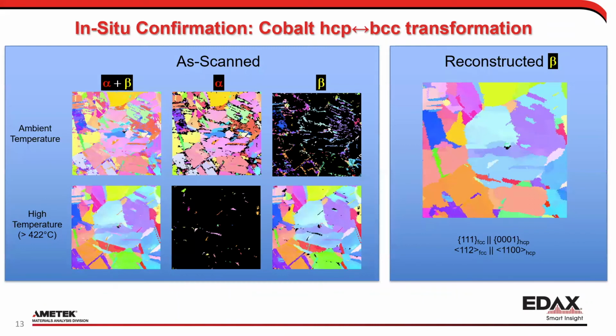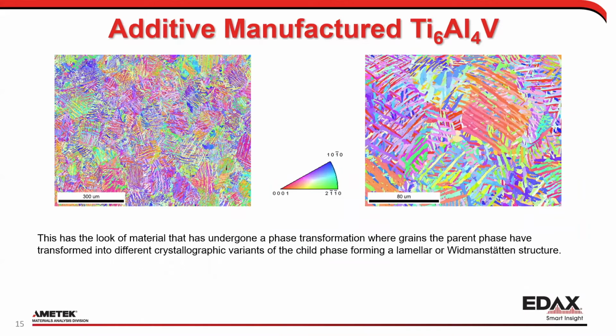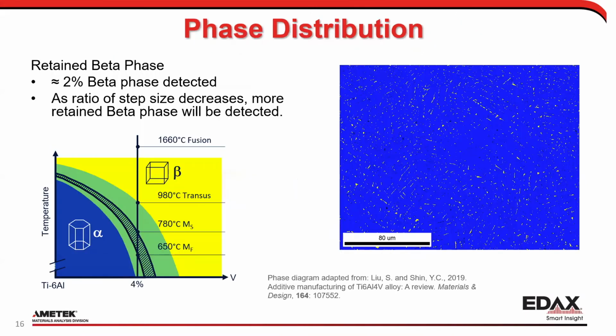Here's a good example of this kind of parent grain reconstruction, where in this case you take a Ti-64 sample that was an AM material, and run it through this kind of algorithm. This is where the velocity really helps, because you can do large area mapping with incredibly fine scale step sizes.